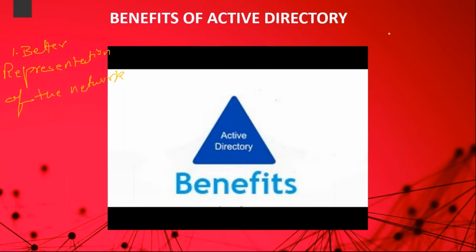Active Directory will allow an administrator to centrally manage the users and authorizations of those users, right? Whatever the size of the network is, we don't worry about that. Why we are not worrying about that? Because the administrator who is managing the network is getting a clear picture of the network, right? So that's what I mean by better representation of the network, right?